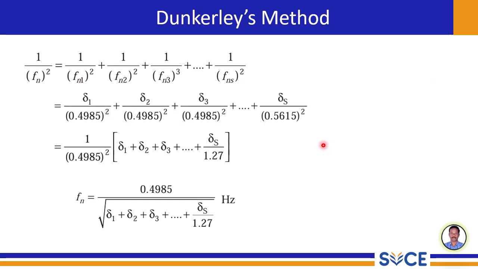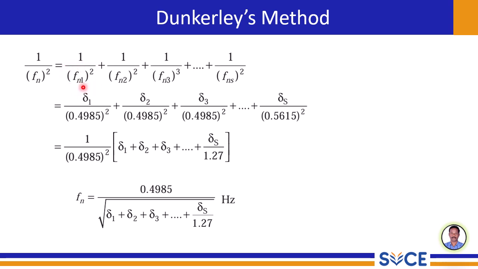Let's take the expressions for the natural frequencies of a point load and a uniformly distributed load in terms of their static deflections, which we saw in the previous slide. As per that, the formula for the shaft with multiple loads is represented like this, and then we substitute the natural frequency, which we saw in the previous slide, that is equal to root of del divided by 0.4985.